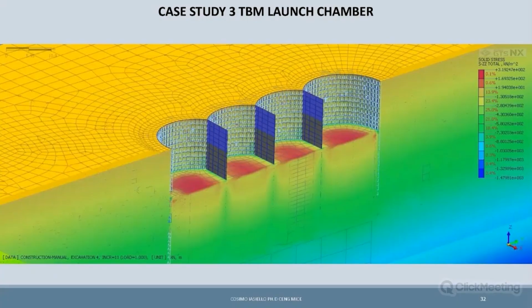And then there is something I would like to underline here: if I plot the vertical stresses, the vertical stresses here are the same value as the pore pressure. So basically, our ground is boiling.